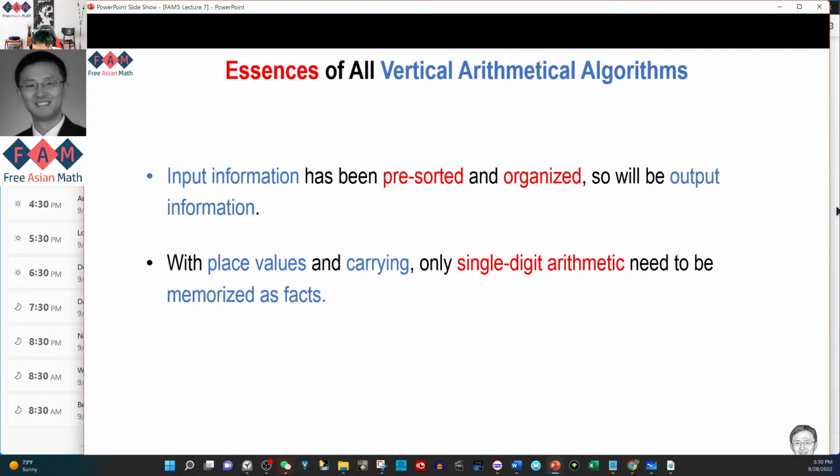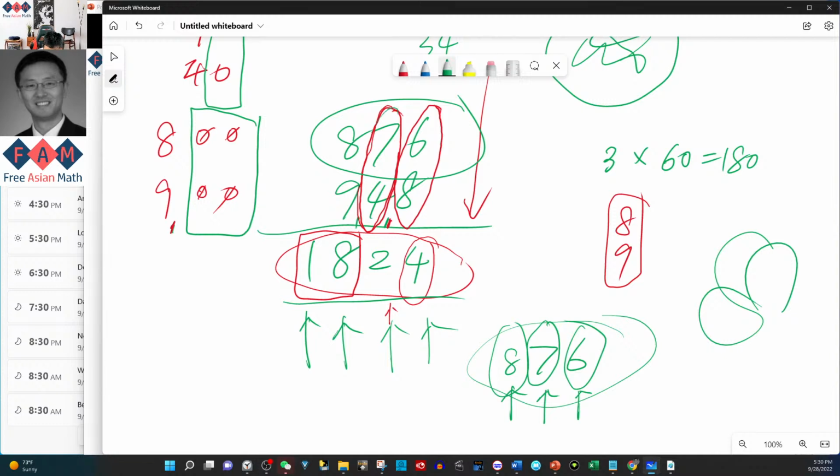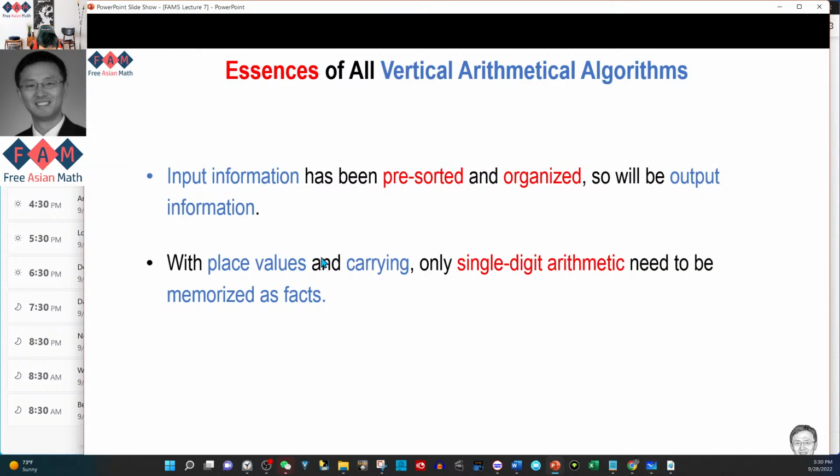Every step of the way, the practical operation is always based on single digits. 800 plus 900 is practically treated as 8 plus 9. So all you need to memorize is single digit arithmetic. How easy is that? Think about it. This is truly, truly remarkable.